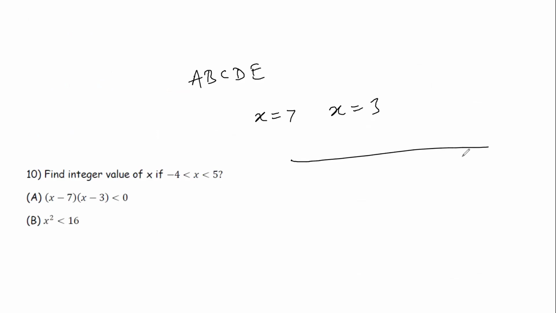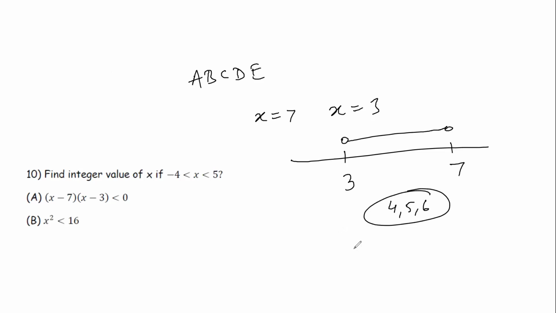We equate it to 0 to solve the inequality so that we get our limits 3 and 7. It's less than 0, therefore it will be in between. So the integer values x can take are 4, 5, 6, because the limit is 3 to 7.